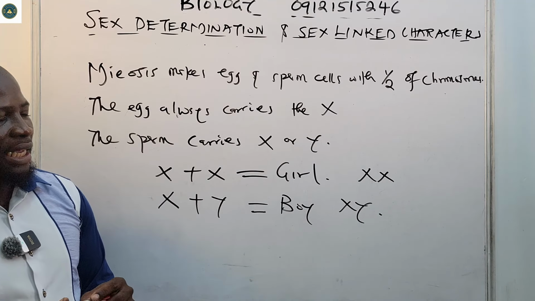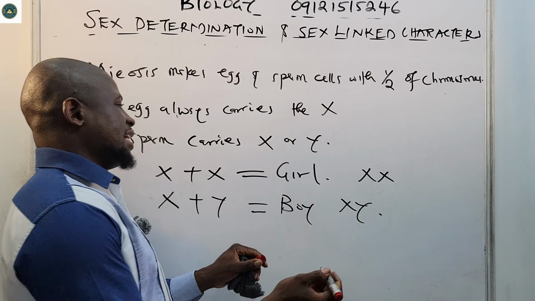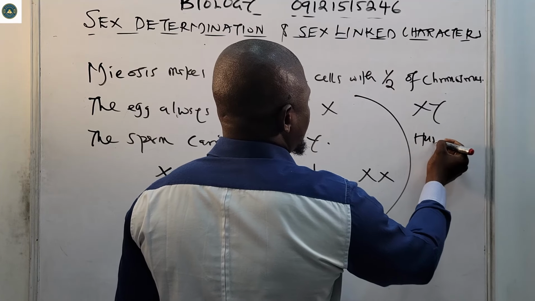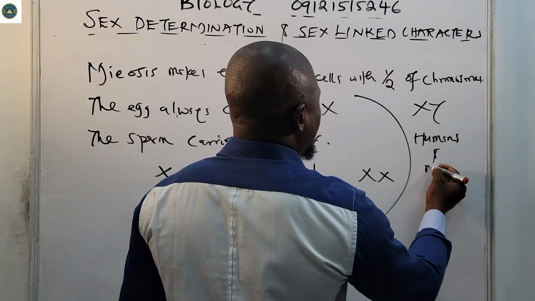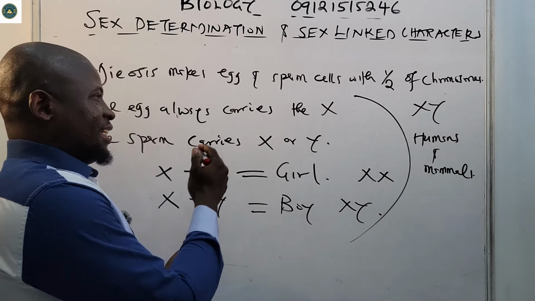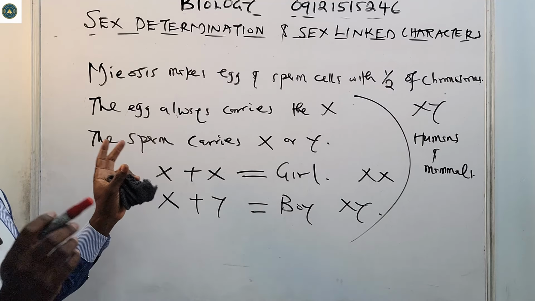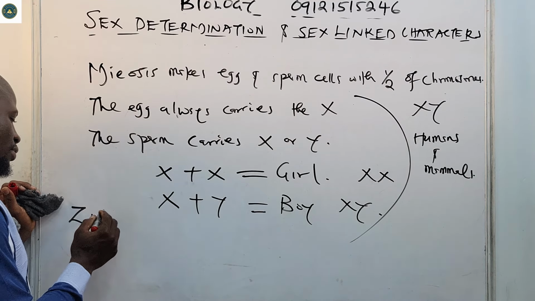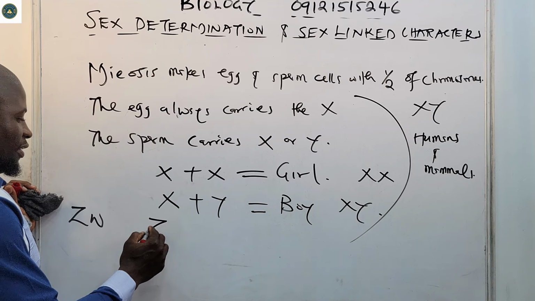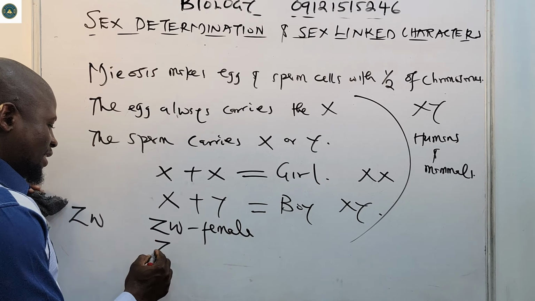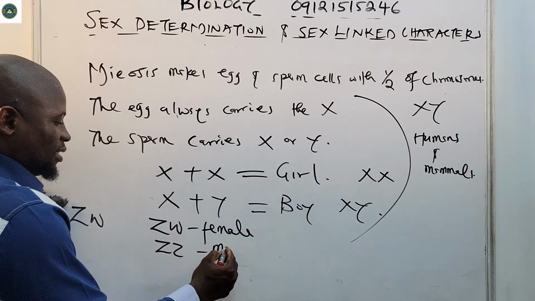So we also have other systems, apart from this XY system that we know, which is seen in humans and mammals. We also have another system known as the ZW system. If it is ZW, it is a female; if it's ZZ, it is a male.